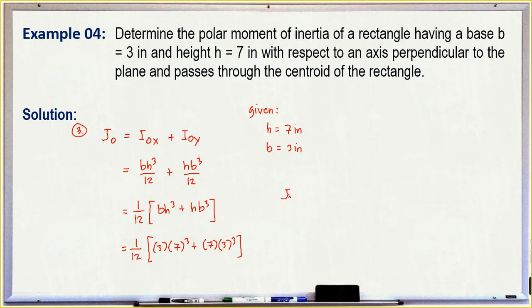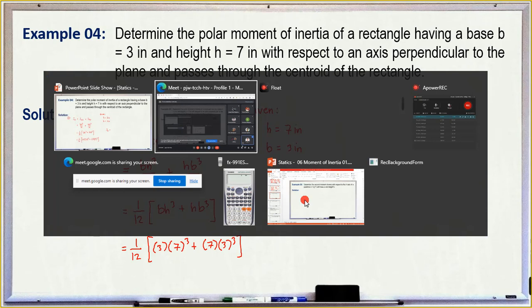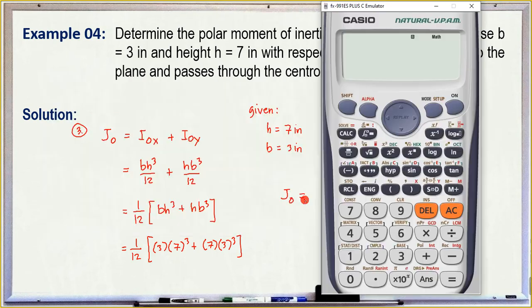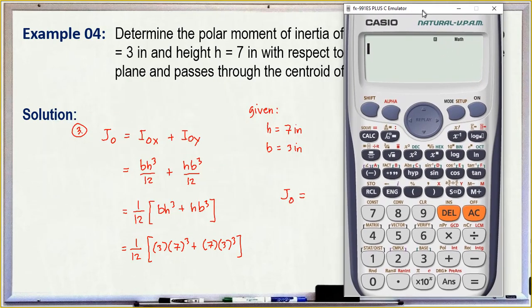Therefore, our polar moment of inertia along the centroid, we use our calculator: 1 over 12 multiplied by 3 times 7 cubed plus 7 times 3 cubed.